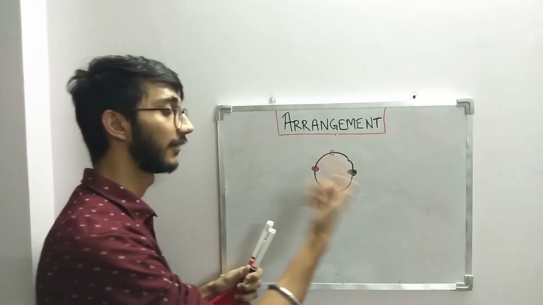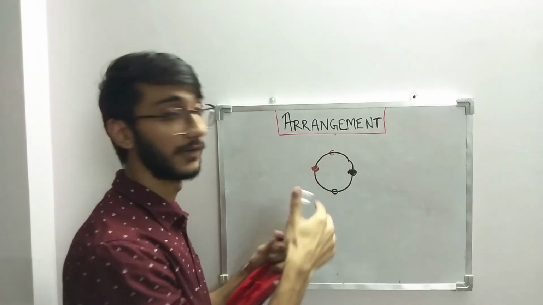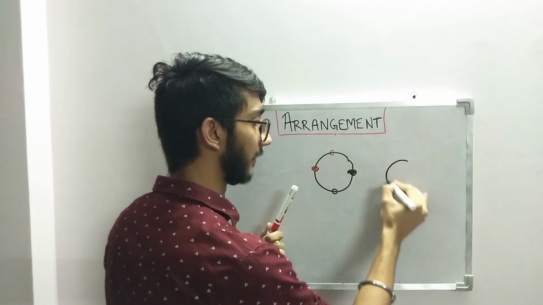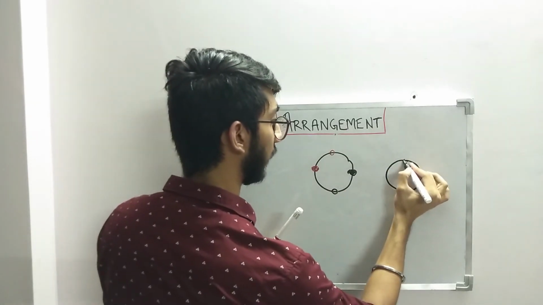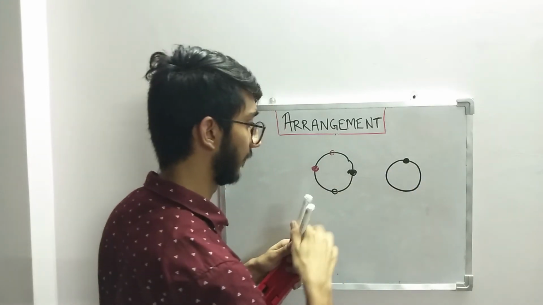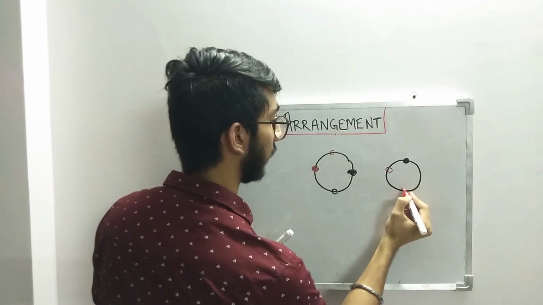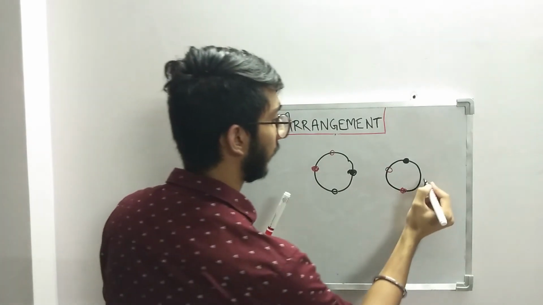So now here comes another concept, that is clockwise and anti-clockwise. Now here what will happen, if you arrange these, there will come a case where this place is filled by the black one, this is filled by this, then this, then this.